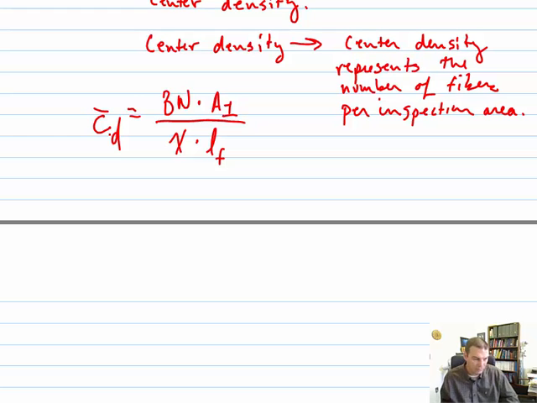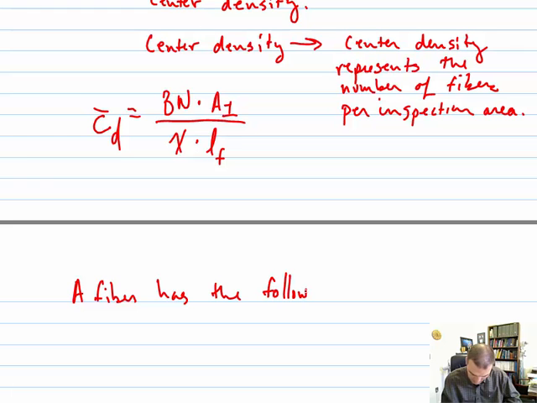So there's a simple example problem that I could give you. Let me give you an example problem here. So let's start off here. We'll say a fiber has the following attributes.